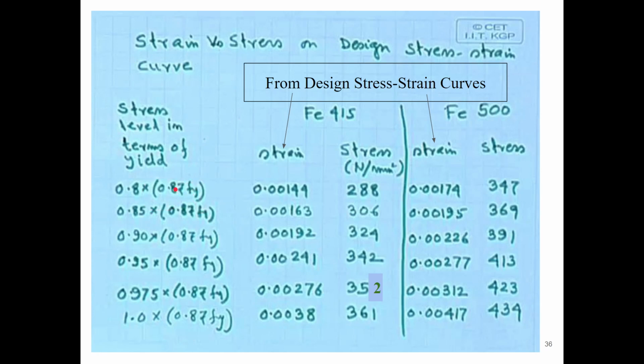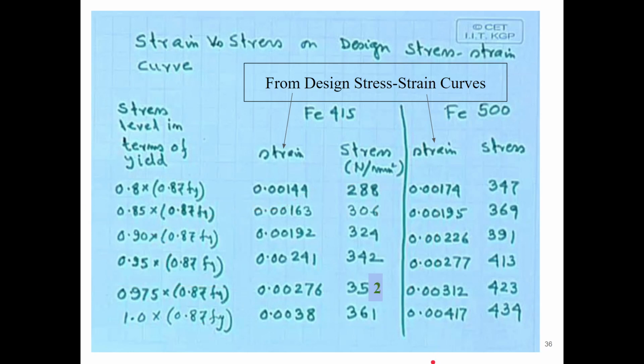We take the partial factor of safety as 1.15, so we get 0.87 Fy. Say for example we have plotted various values: 0.8 times 0.87 Fy, 0.85 times 0.87 Fy, 0.9, 0.95, 0.975 and 1.